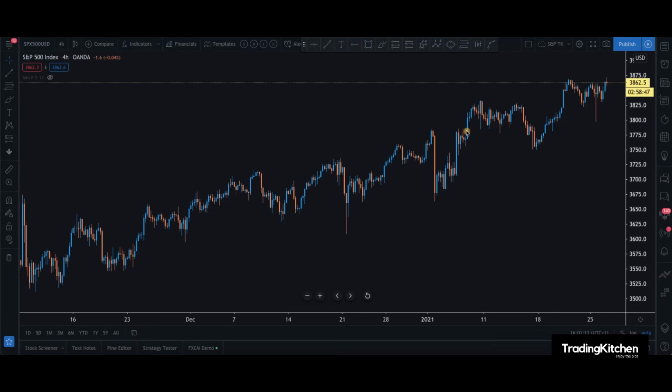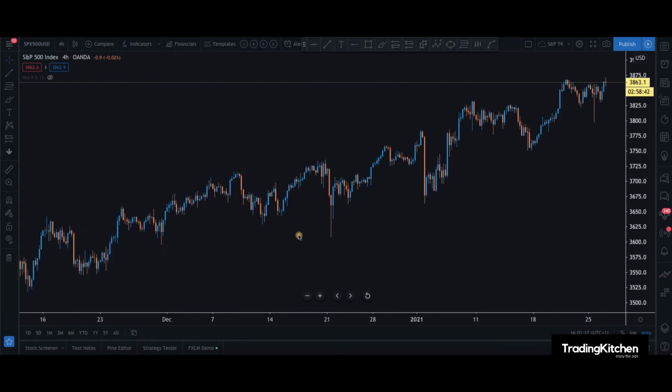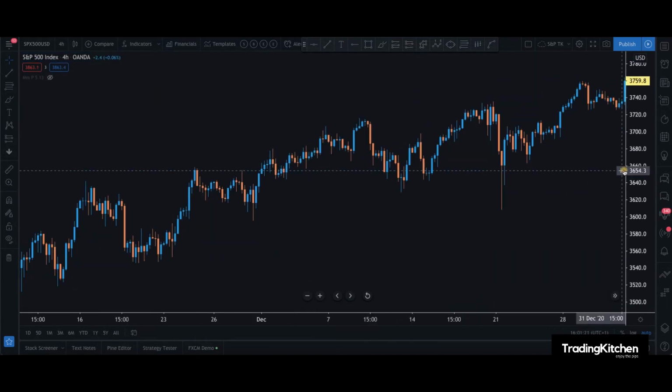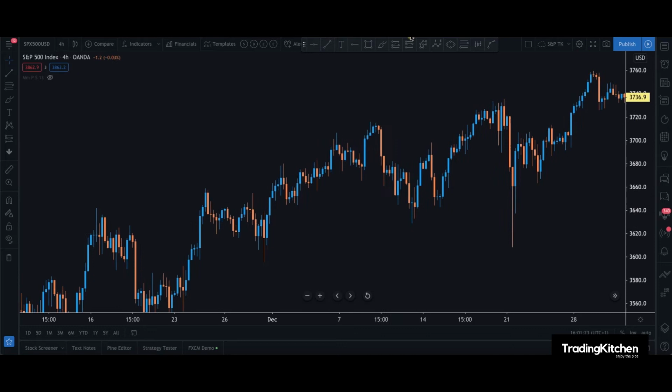So the Doji, here you can find so many examples, but there are so many times in which you can easily find a Doji in every time frame. This one is a Doji. All of these are Dojis.